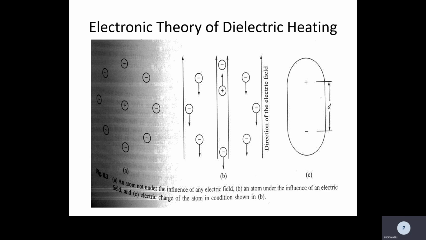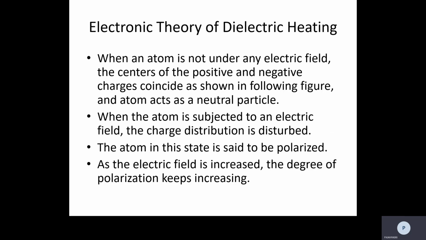When we don't apply any electric field, the centers consist of a positive charge as well as a negative charge. When an atom is subjected to an electric field, the charge distribution is distorted. The atom in this state is said to be polarized. As the electric field increases, the degree of polarization keeps increasing.